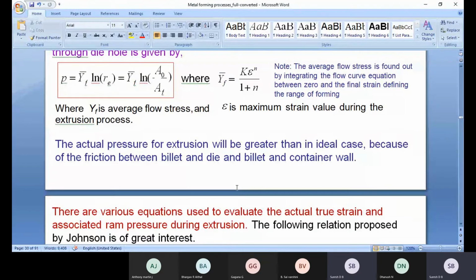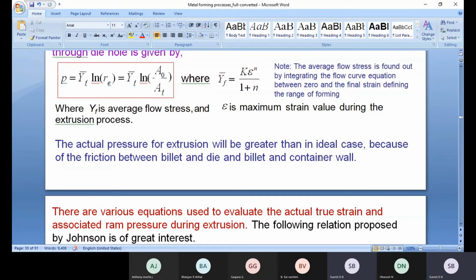In that case, maximum force or load is required to push the material between the die walls. In the ideal condition, without friction between the container and the workpiece material, only a small amount of force is required to push the material between the two die walls.